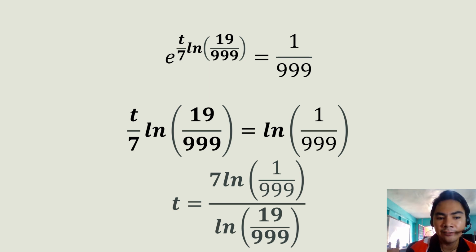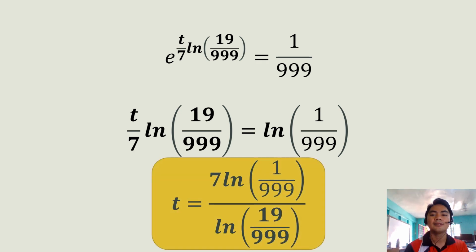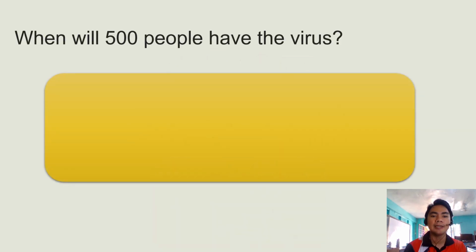And let us divide both sides by ln 999 over 7. Or we can also cross multiply. Okay? So that what remains on the left side is just t. So by this, we are able to identify the value of our t, and when we compute this in the calculator, we have the value of our t approximately, okay, when will 500 people have the virus?